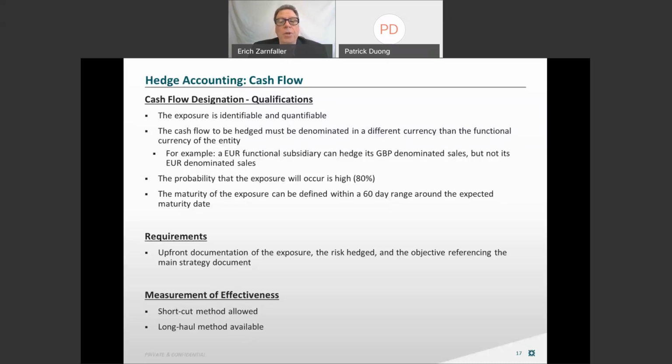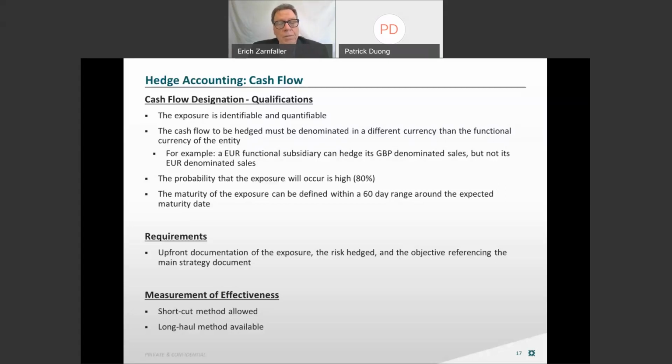There are two methods for measuring effectiveness. The shortcut method. This is the simplest effectiveness test. It compares the gain or losses on the hedge and the exposure. For the hedge to be deemed effective and to retain the hedge designation, the gain or loss on the hedge must fall between 80 and 120% of the exposure's loss or gain.